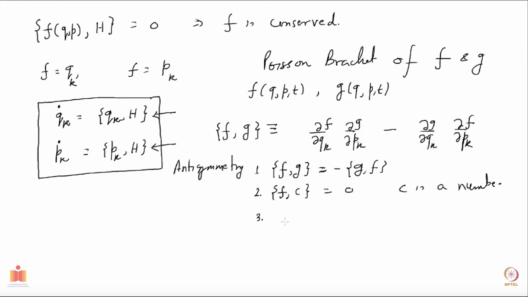Also, the Poisson bracket is linear. So if you have c1 f1 plus c2 f2 and you take a bracket with g, it will give you c1 {f1, g} and c2 {f2, g}. Okay, so this is your linearity.